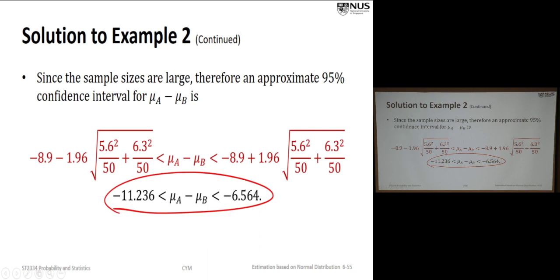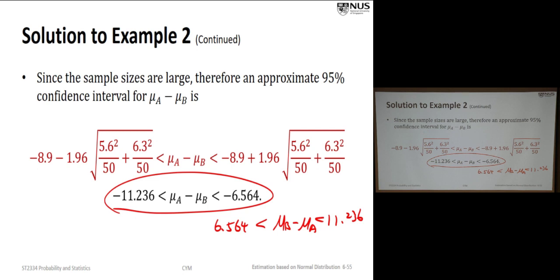So if you try to look for mu B minus mu A, if you do it correctly, the answer will be 6.564 and 11.6. It will be like that. You just multiply by minus 1 to all these two inequalities. So in other words, it doesn't matter.